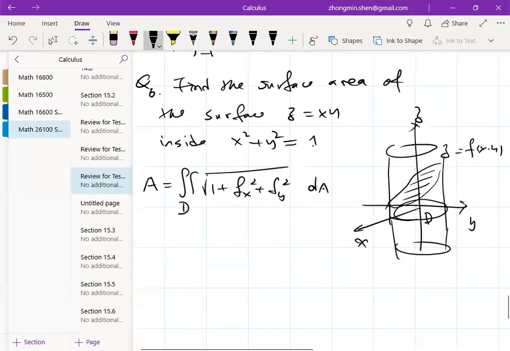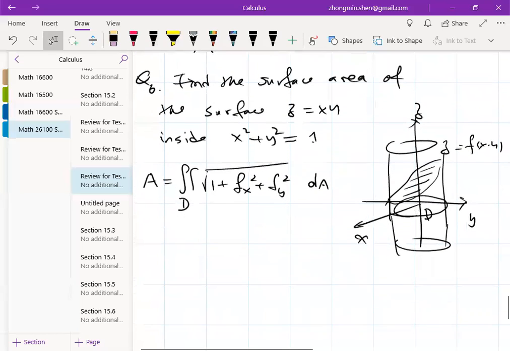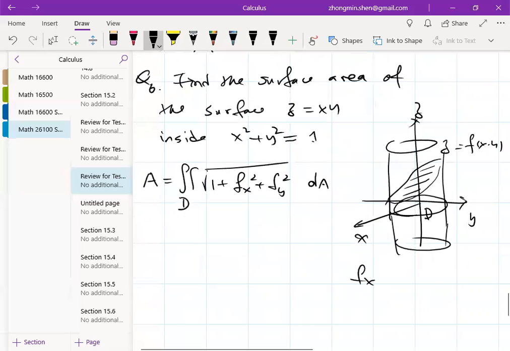While f is x times y, so fx is going to be y, fy is going to be x. When you differentiate with respect to x, you get y. When you differentiate with respect to y, you get x. So this is just the square root of 1 plus x squared plus y squared dA.